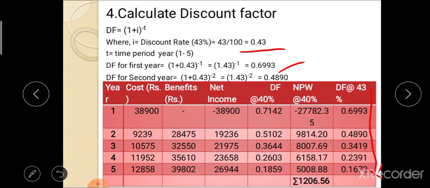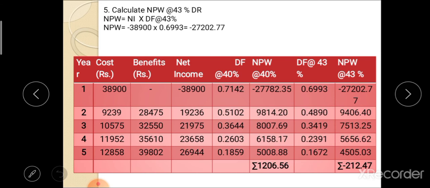After that, the fifth step is to calculate NPW at the 43% discount rate. Similarly, NPW can be calculated by multiplying discount factor into net income. So NPW for the first year is minus 38,900 and the discount factor at 43% is 0.6993, which is equal to minus 27,202.77.